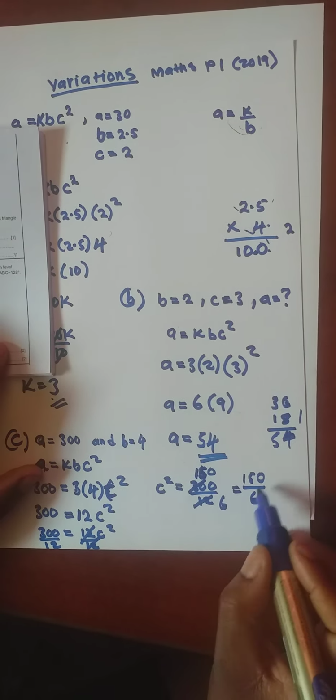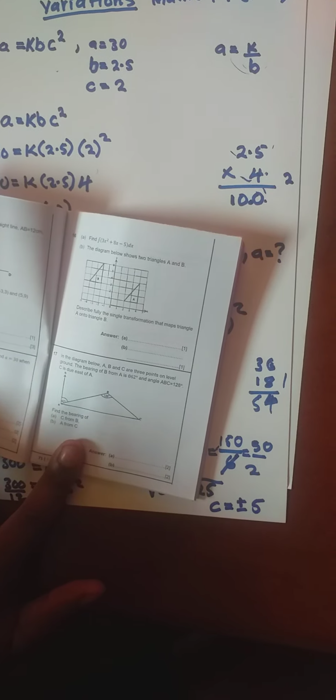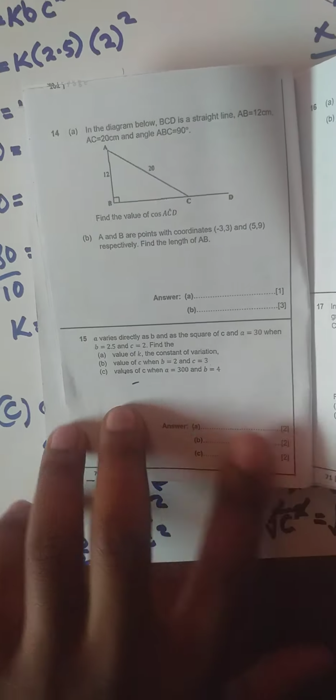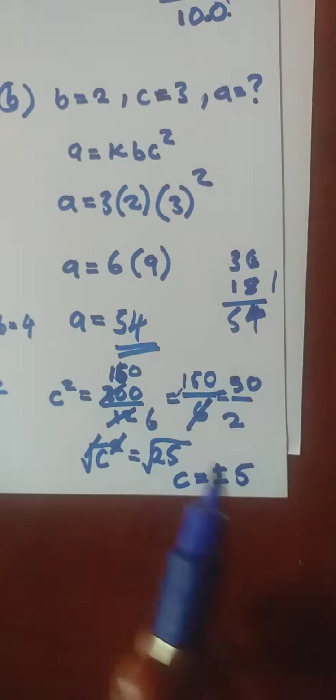That's why the question is saying find the values of C, not the value of C. In the other two questions, they were saying value of K and value of C. But this one, because the answers will be 2 of them, is saying values of C, meaning there are 2. That is the positive and negative 5 we have found.